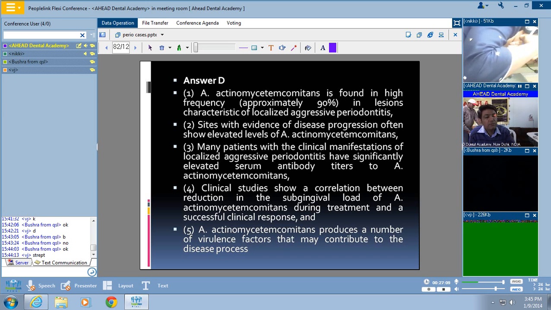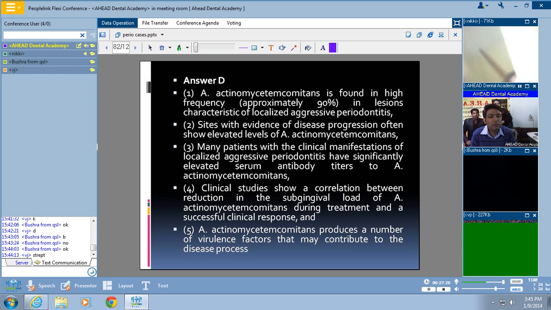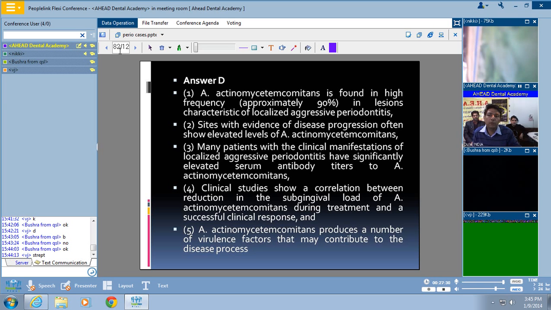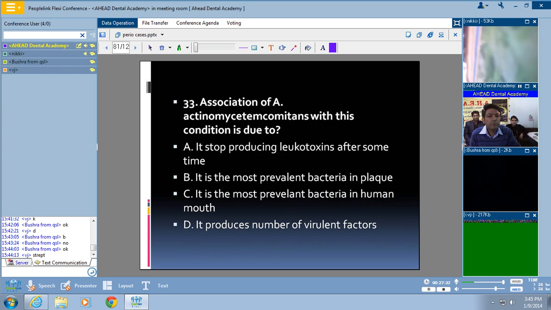See, all these features indicate that when disease is there, the bacteria is in more quantity. Whenever the disease is reduced, the bacteria reduces, right? So all the relations indicate that this is associated with the disease. Also, A. actinomycetemcomitans produces a number of virulence factors that may contribute to the disease process. So when we talk about association of AA with the condition, it is because it produces a number of virulent factors. So D is the answer, and not the leukotoxin one.